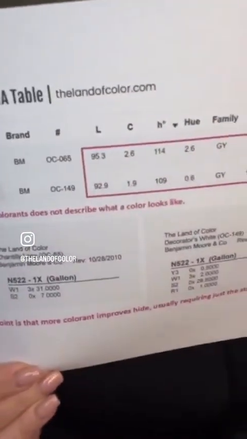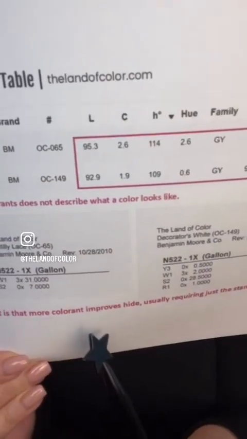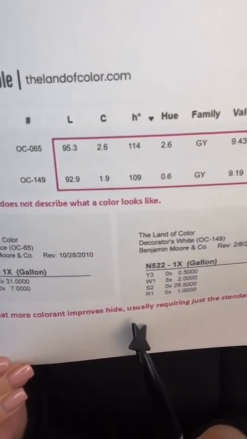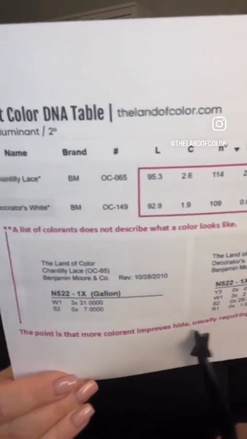So the one thing, and actually one of my paint store people told me this years and years ago, one of the things that a list of colorants can tell you is about hide. What he told me is, more colorant improves hide. So that usually means it requires just the standard 2 coats.